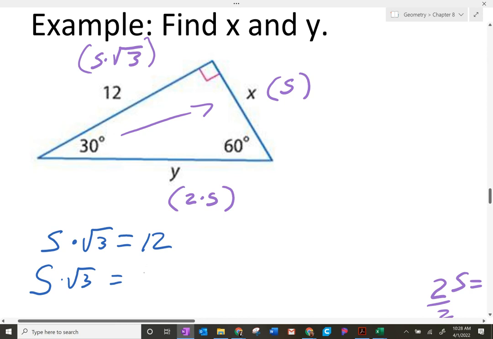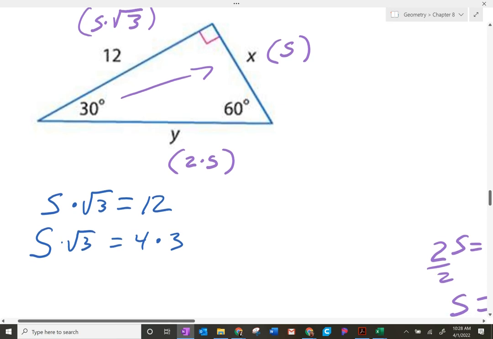So 12 is the same as saying 4 times 3, right? I'm going to do one extra step here. So again, I still have S radical 3 equals 4 times radical 3 times radical 3.